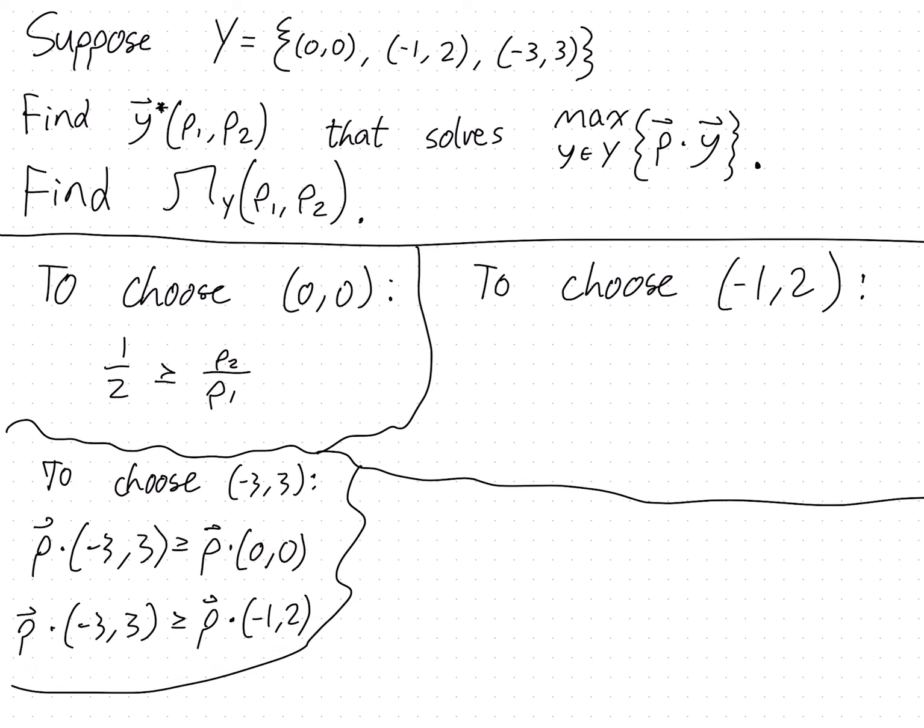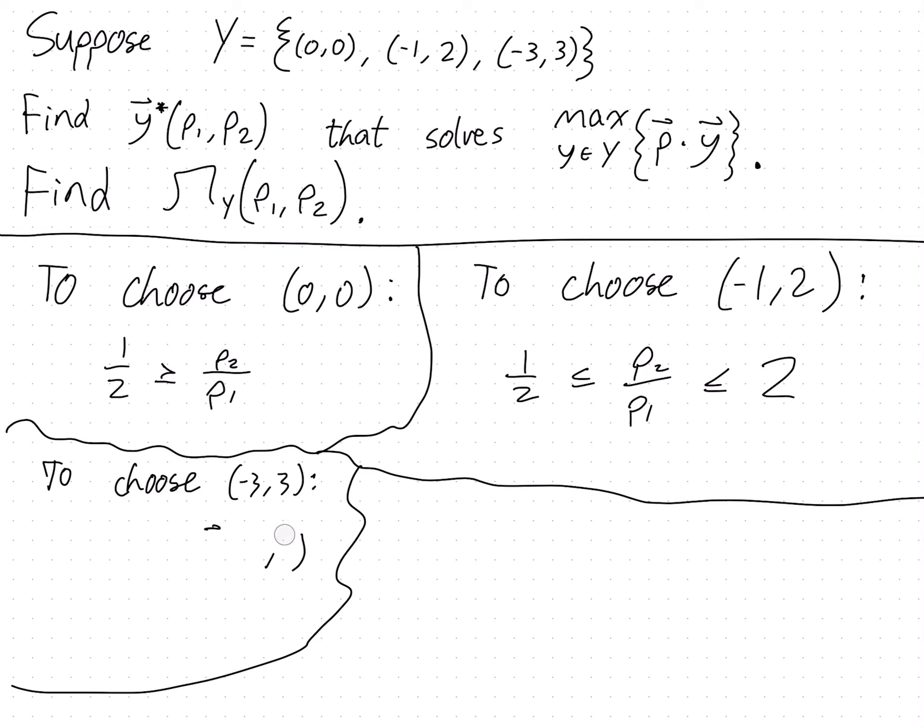Here, you get 1/2 less than or equal to P2 over P1 less than or equal to 2, and down here, you get 2 is less than or equal to P2 over P1. And so this is when we would choose 0, 0, this is when we would choose negative 1, 2, this is when we would choose negative 3, 3.